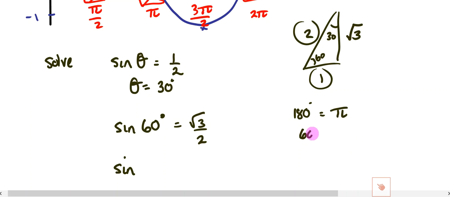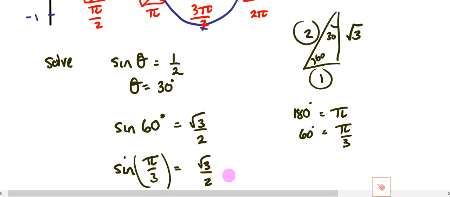Yeah? 60 degrees is therefore pi over 3. Radians. So if I said sine of pi over 3, what would that equal? Root 3 over 2. Now I'm going to get you to check that in your calculators.